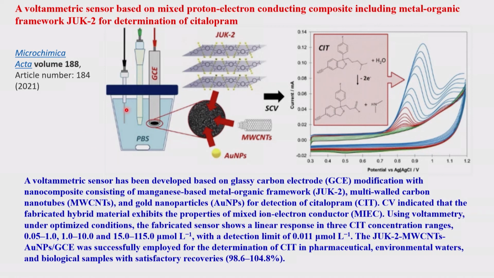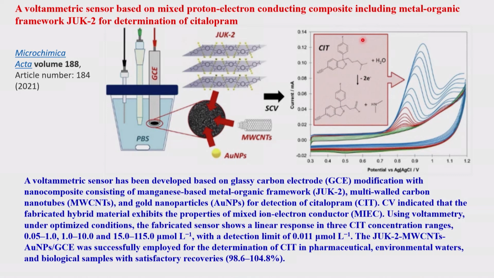What is done in this experiment is that the electrode is coated with a composite material having gold nanoparticles, multi-wall carbon nanotubes, etc., to conduct the electrons. So it is modified with a manganese-based metal organic framework, the carbon nanotubes and the gold nanoparticles, which together are put on the electrode. When you put this, you can get a very nice voltammogram for this molecule.